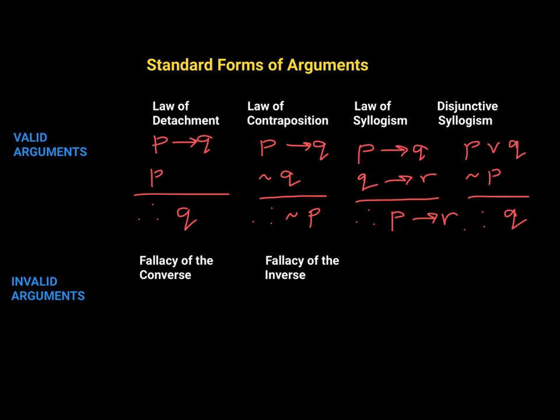All right, and then we have two fallacies. We have the fallacy of the converse. These are really, really good. If P, then Q, and if we have Q, then that must mean P is true. Now, that is not necessarily true. If we have a conditional statement, if P, then Q, and then we're given that Q happens, right? Q occurs, then concluding that P must be true as well, or must occur, is not necessarily true.